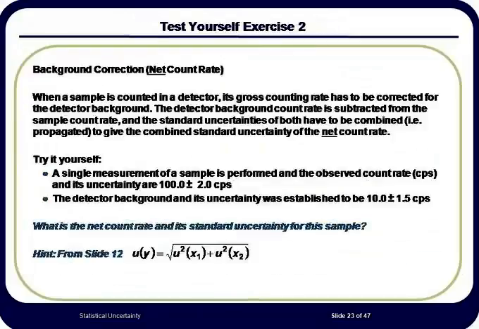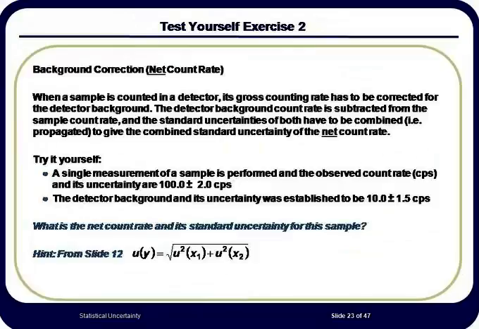Whenever we make a measurement of radioactivity, we must take into account the instrument background. Thus, the net counts are the sample gross counts minus the instrument background counts. Here, the concept of quadrature will be used to estimate the standard uncertainty for the net count rate. The sample count rate is 100 plus or minus 2 counts per second, and the instrument background is 10 plus or minus 1.5 counts per second.